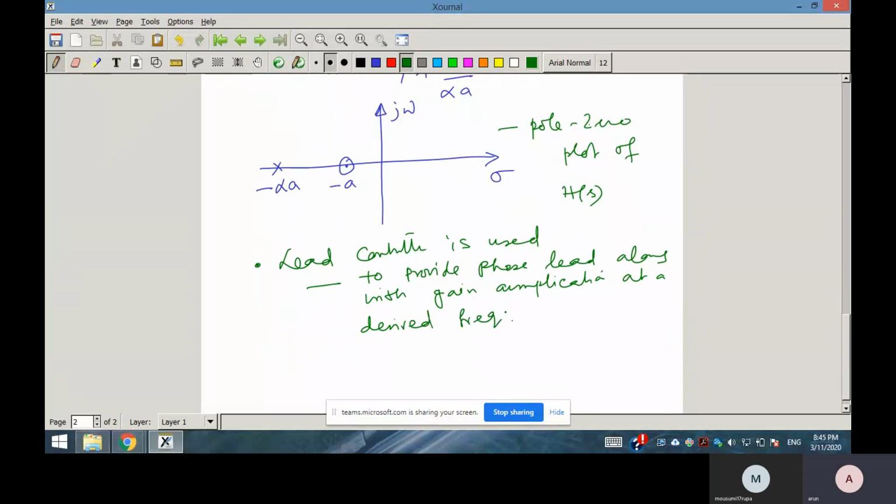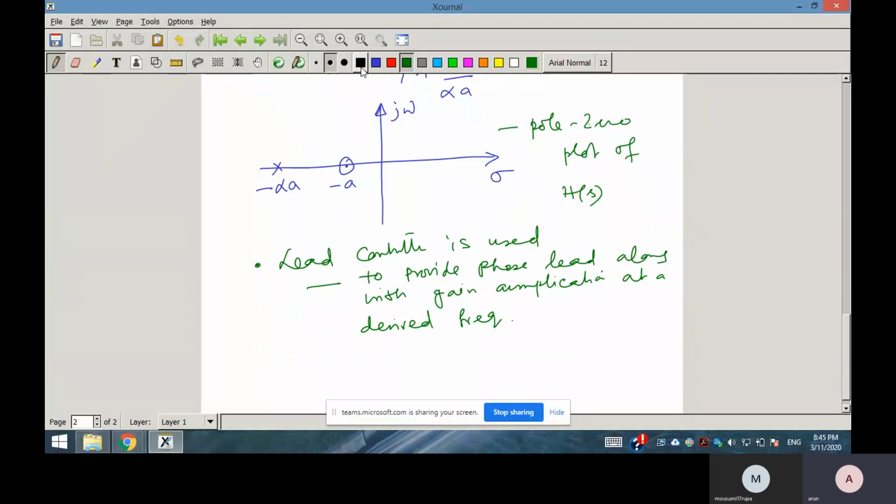So if an uncompensated system, or if the plant G(s) itself has poor phase margin, or the response of G(s) is sluggish, then we will use a lead controller.